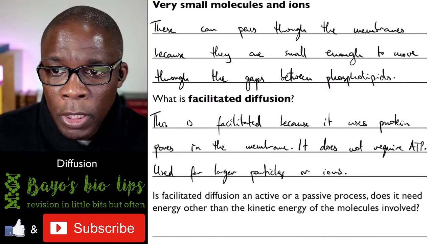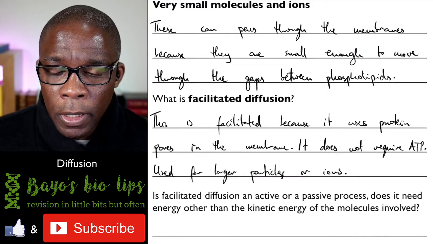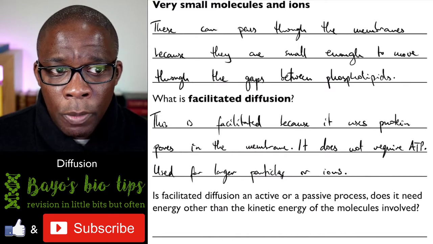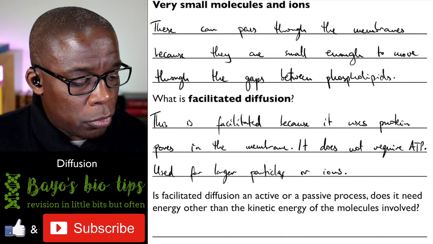Now, ions will be repelled by the tails of those phospholipids we looked at earlier, and as such, you need to have a way to get them past the membrane, and using protein pores would do that. So you'd use facilitated diffusion.